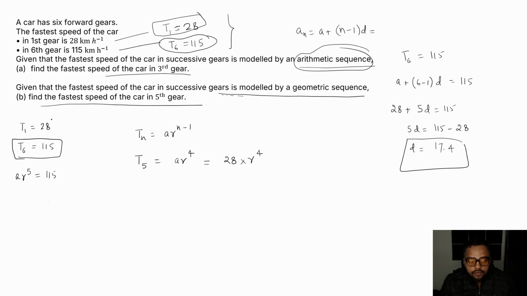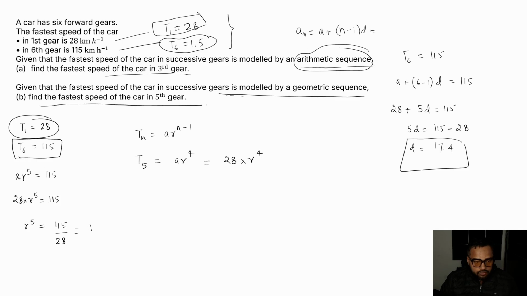From here, we know that the first term is 28, so it will be 28 cross R raised to the power 5 equals 115. From here, R to the power 5 equals 115 upon 28. We can calculate that 115 upon 28 is 4.107.